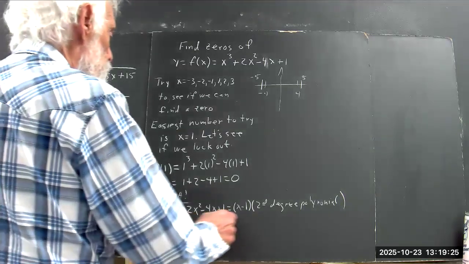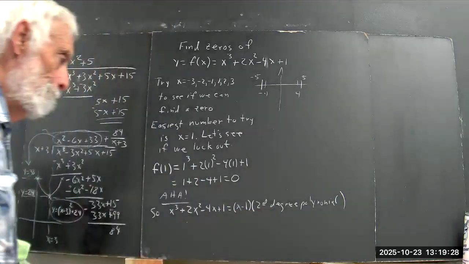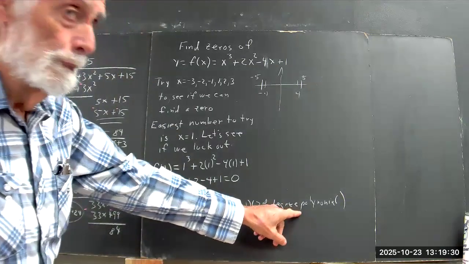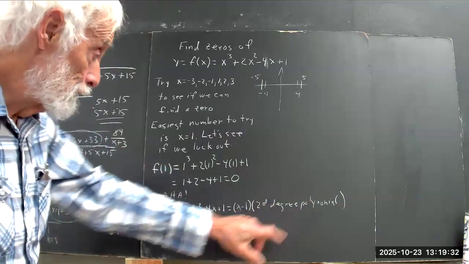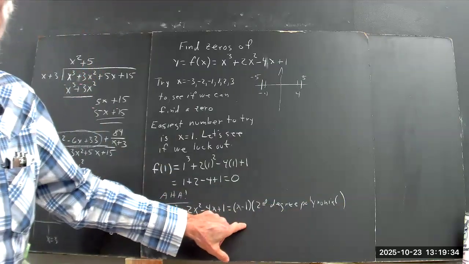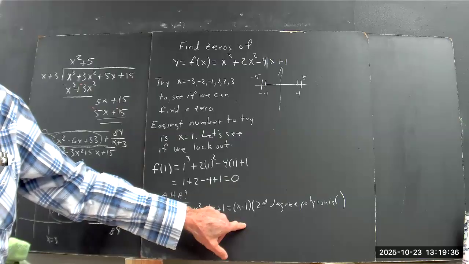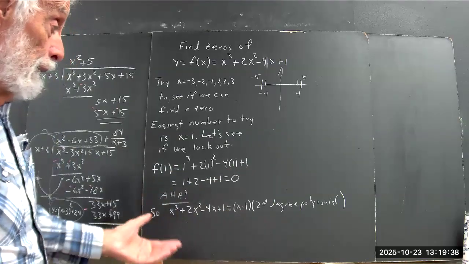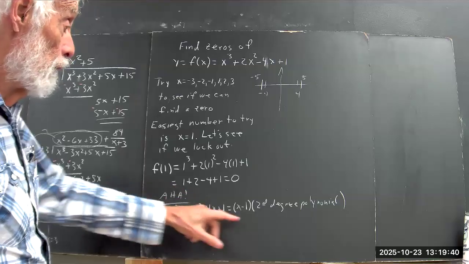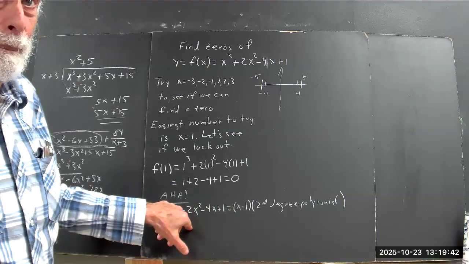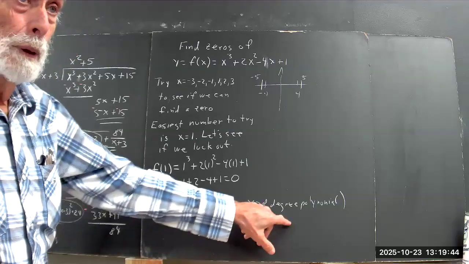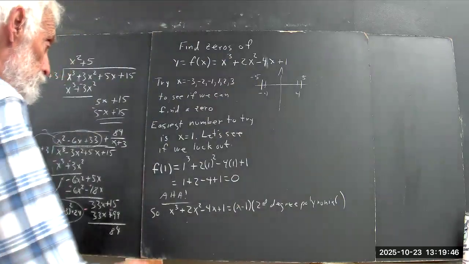So anyhow, we have this. Well, if this equals this times this, then this has to equal this divided by this, right? Now, we divide both sides by x minus 1, and we get this over x minus 1, which equals our second degree polynomial.